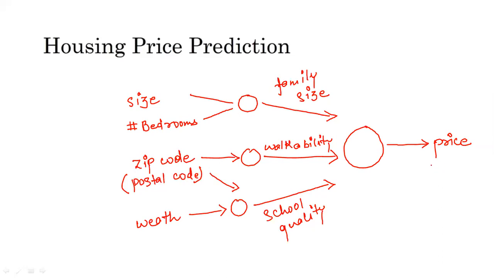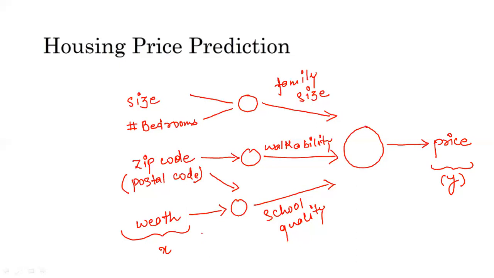So this price of the house is called the output Y, and the input features like size, number of bedrooms, zip code or postal code, and wealth define the input features X.